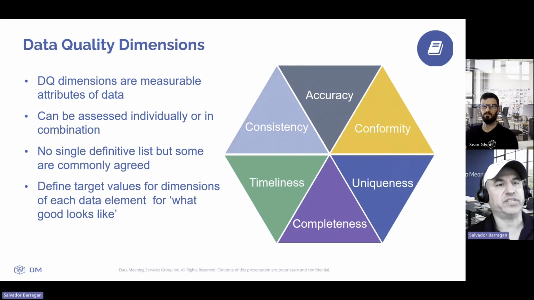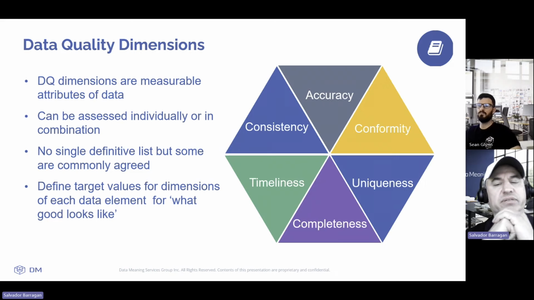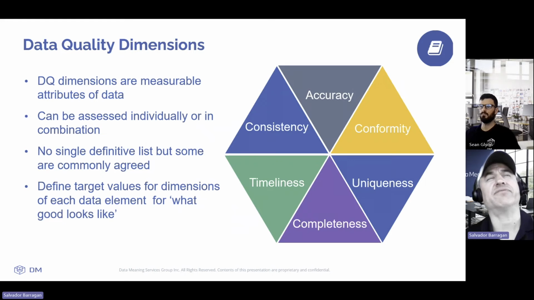Now let's pop over to data quality dimensions. I think people are familiar; they may have heard of the data quality dimensions. Here we have 6 data quality dimensions, and I would say they're the popular dimensions. Believe it or not, I've heard some organizations have over 50 or 60 dimensions that they use, but for the most part, 6 dimensions are what's commonly used, and these are the classical ones: consistency of your data, how accurate your data is, how timely is your data, is your data complete, is it unique, and does it conform?